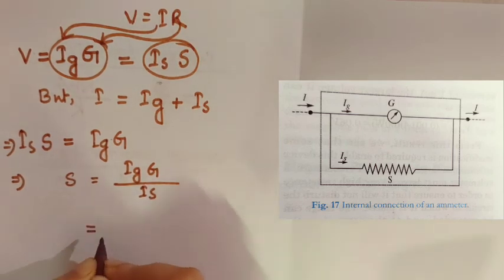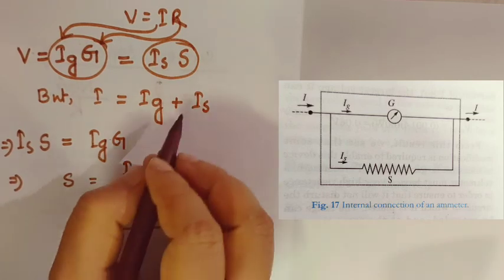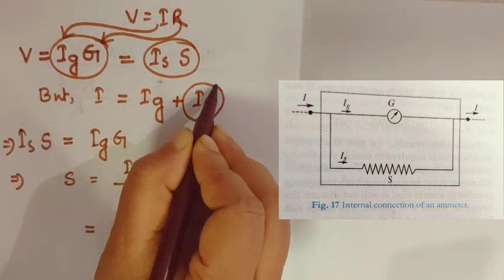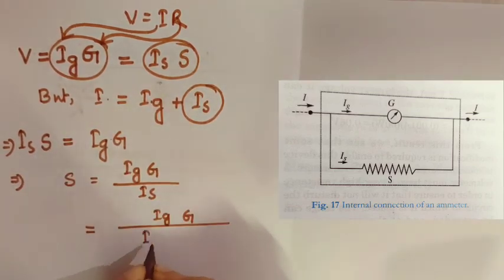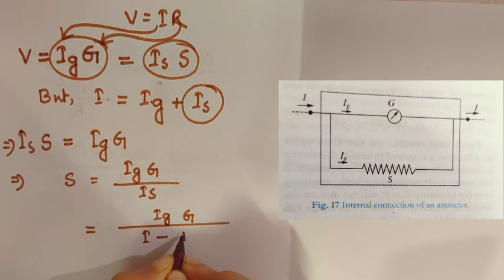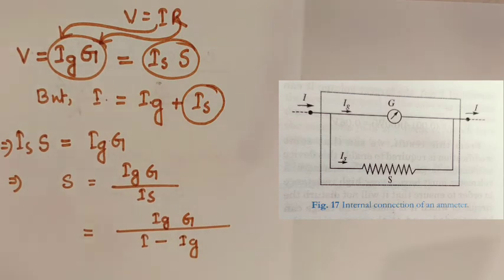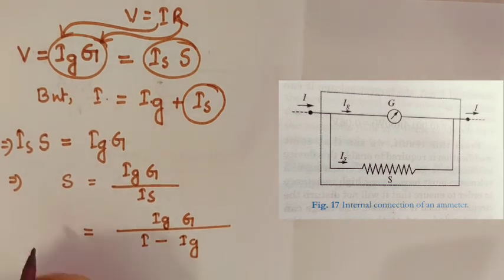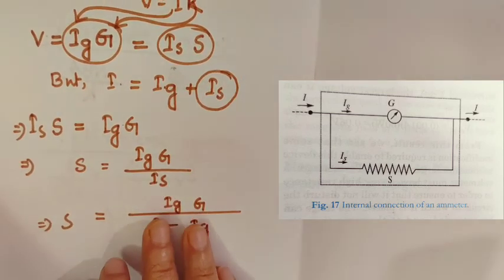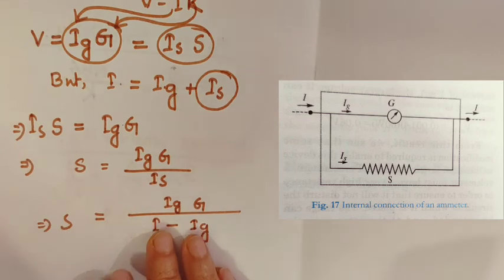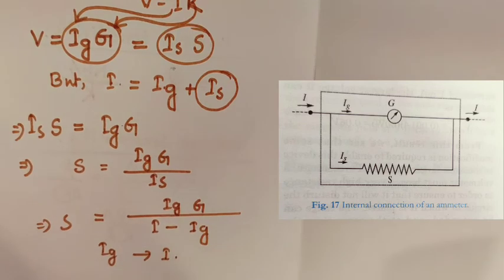Again, Is is equal to I minus Ig, so in place of Is we write I minus Ig. Clear? So this is the value of S needed to increase the range of a given galvanometer from Ig to I.